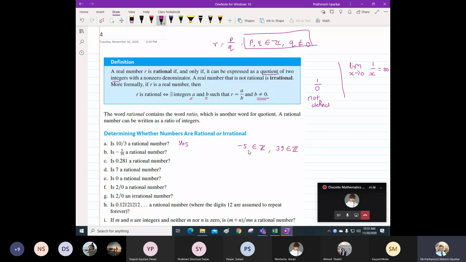What are integers? Define the set of integers first. Fast, define करो फटाफट.